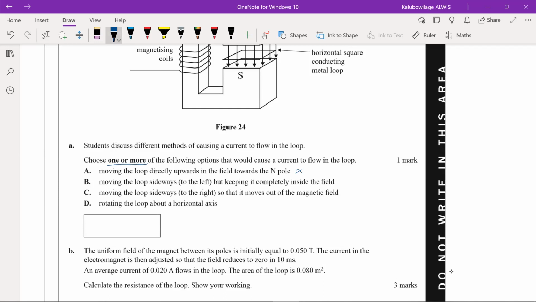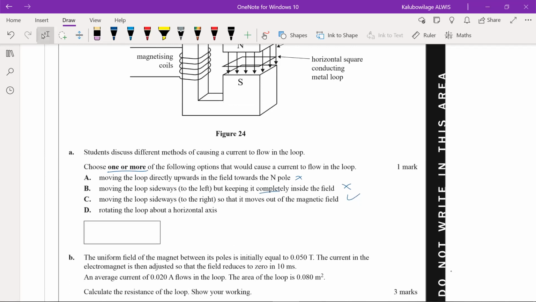Moving sideways to the left, but keeping it completely inside, also doesn't cause flux change. Moving the loop sideways to the right so that it moves out, so that works. And rotating it, some of it goes out and a different area changes, so this also works.